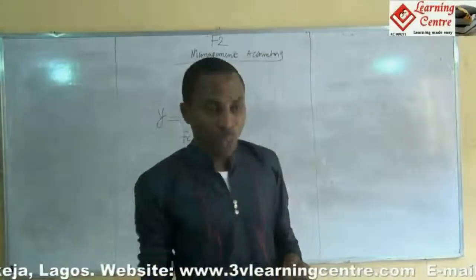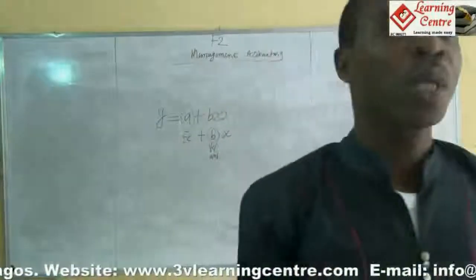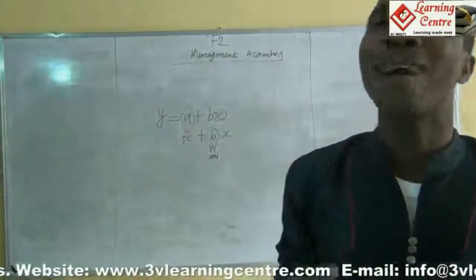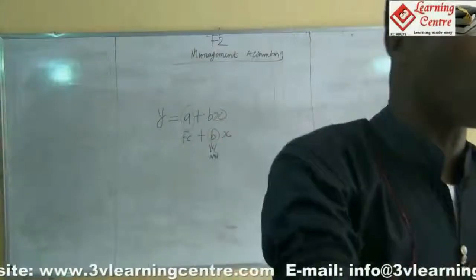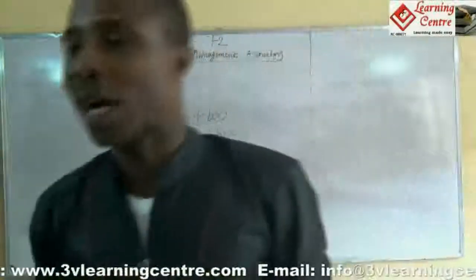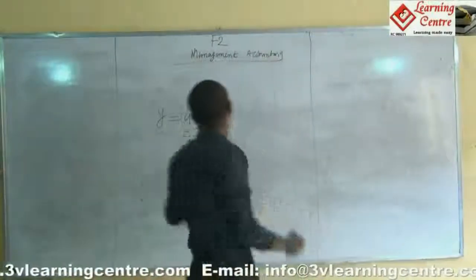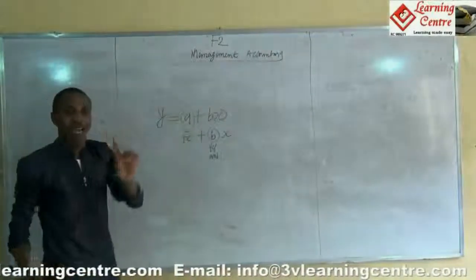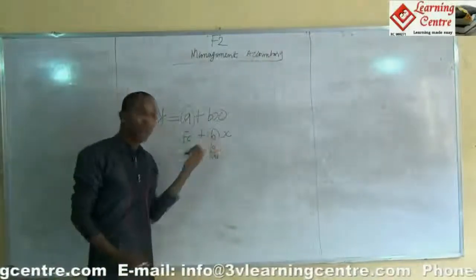I said another thing an examiner can ask us to do is to calculate the cost for a particular level of activity. If that is the case, all I need to do is still use this. I would have my fixed cost and my variable cost.